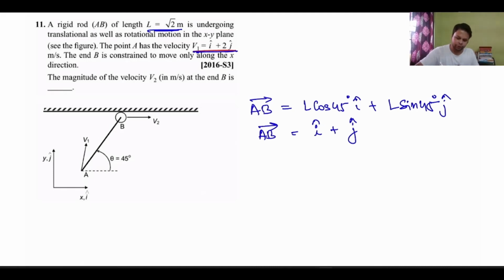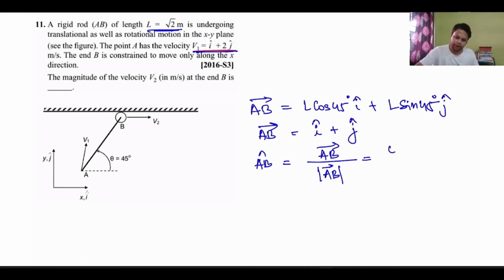Now if I want to find out the unit vector along AB, what is the unit vector along AB? That is AB cap, which will be equal to vector AB divided by magnitude of AB, right? So vector AB is I cap plus J cap. What will be the magnitude of AB? Magnitude of AB will be root over 1 square plus 1 square.